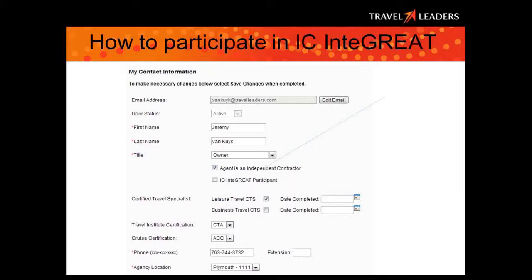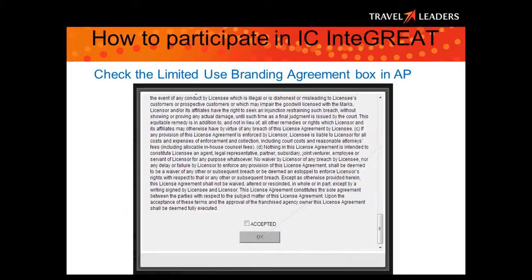But once you click on that, you show up on my list also, and then I reach out to you with business card links and welcome emails and try to help walk you through the process. The other area that you would fill out, or click on, I should say, accept, is the limited use branding agreement. It's basically the contract stating that you're able to use Travel Leaders within our marketing program, as I just laid out for you.